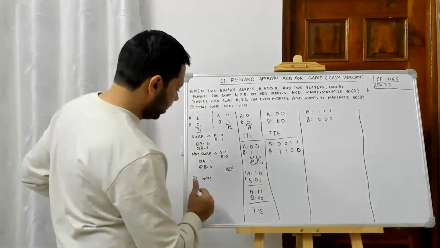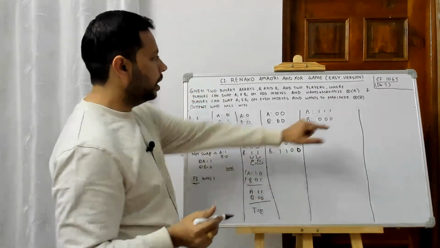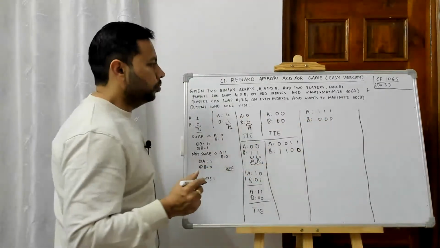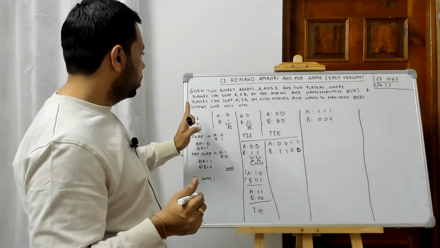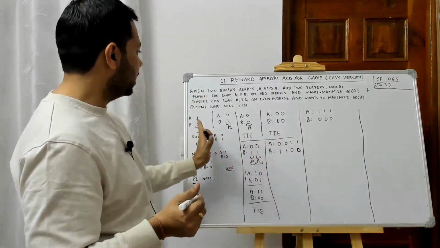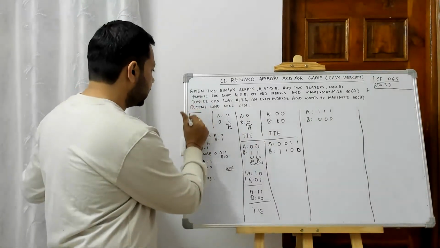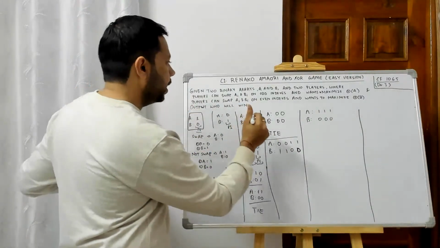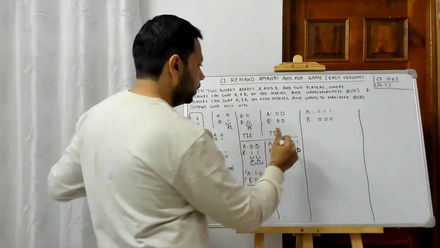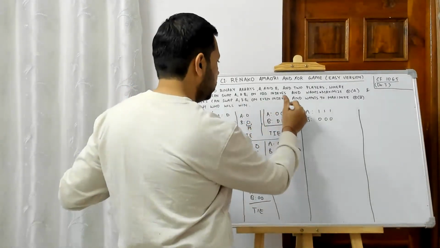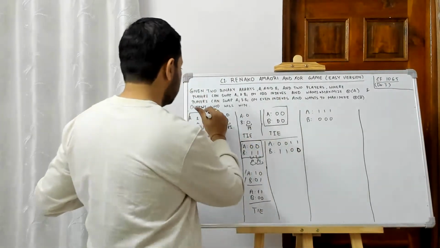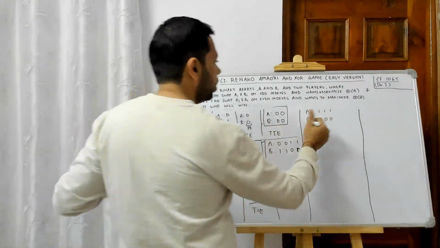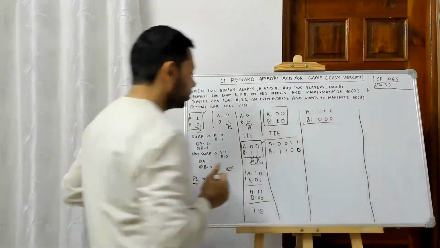This is where player 1 wins. What will happen here? Can you do something to club these two examples? I would say this example here and this example, to give the answer for this example.